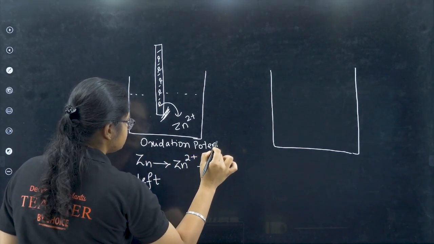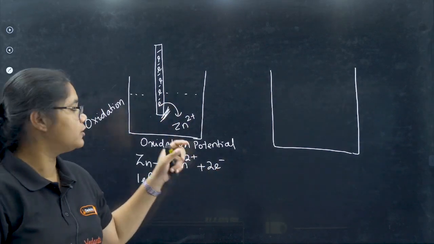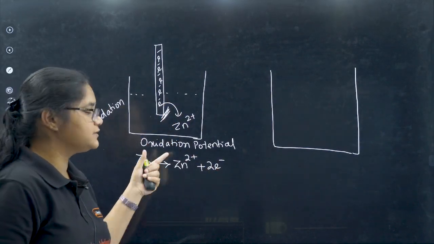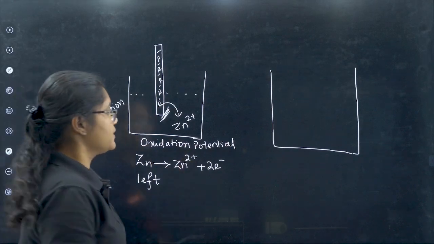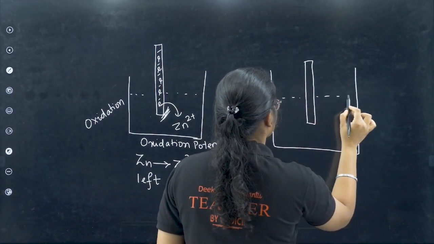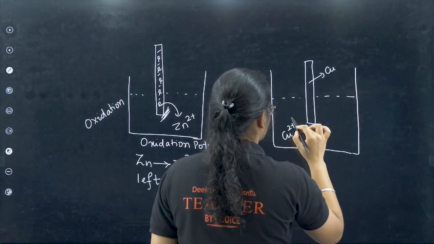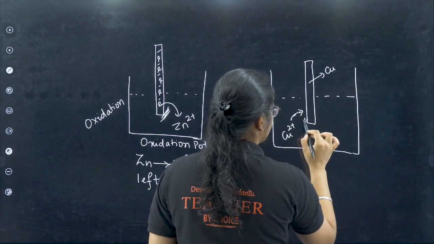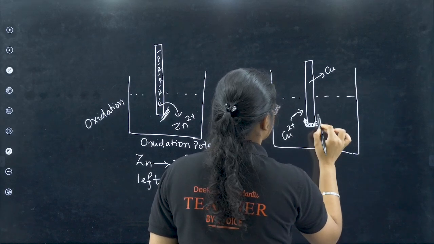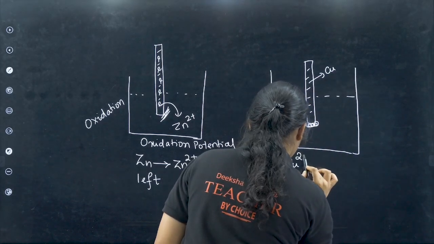So if it is undergoing oxidation, we will call it oxidation potential. This half cell has oxidation potential. On the other hand, when you have a copper rod, Cu2+ ions come here, take the electrons and get deposited as copper.